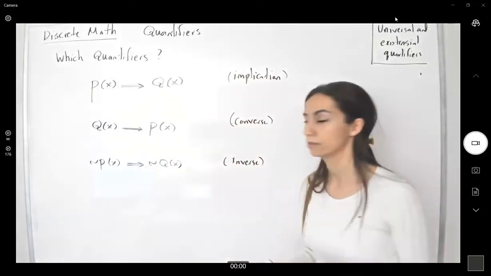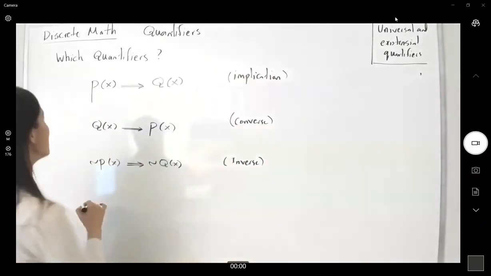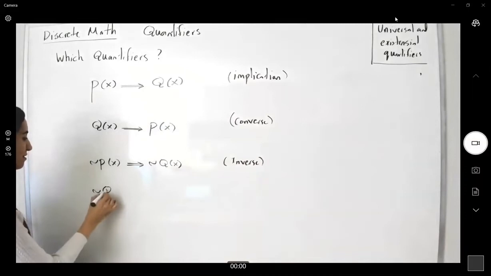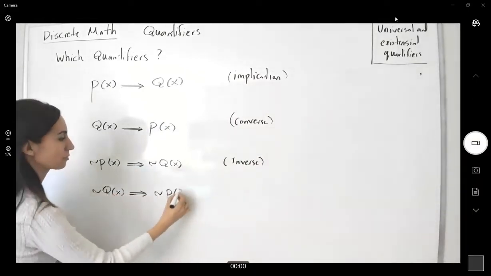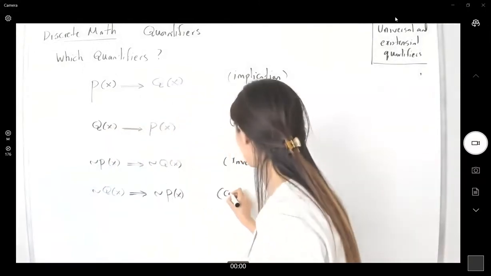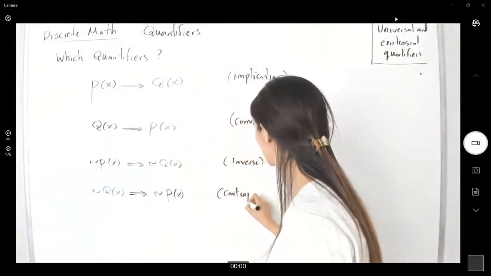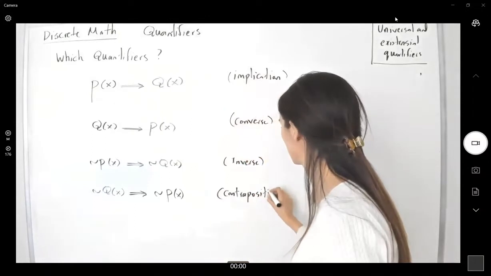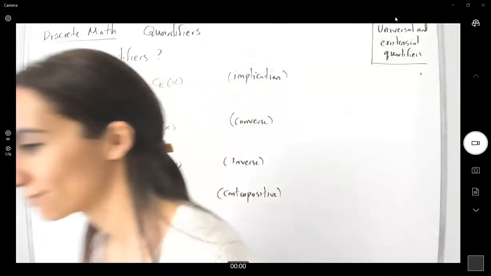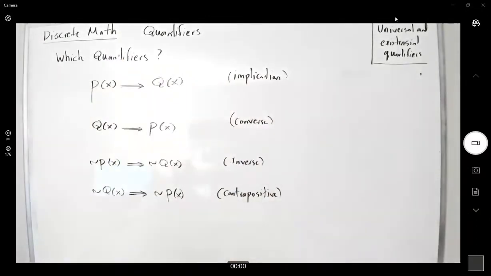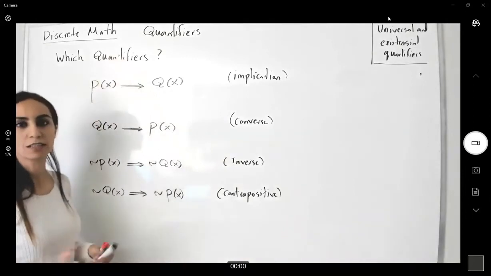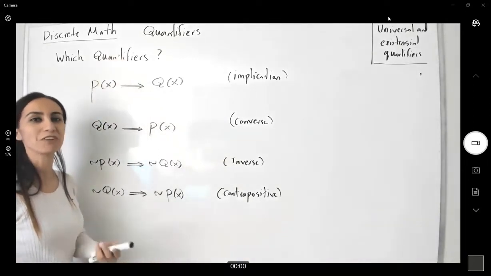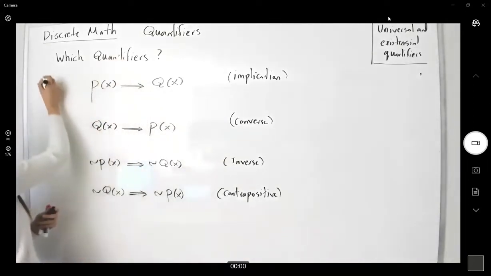And if you have contrapositive, not Q, then not P. So for each one of these, you're using universal quantifier.